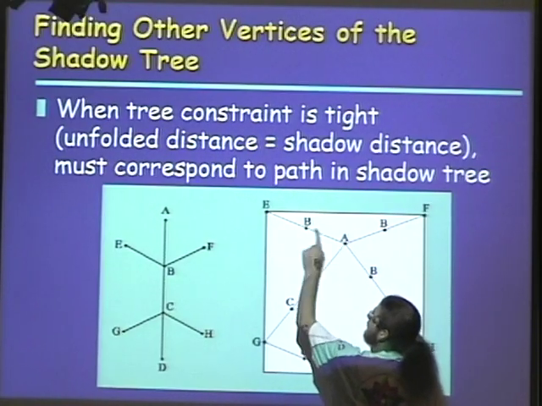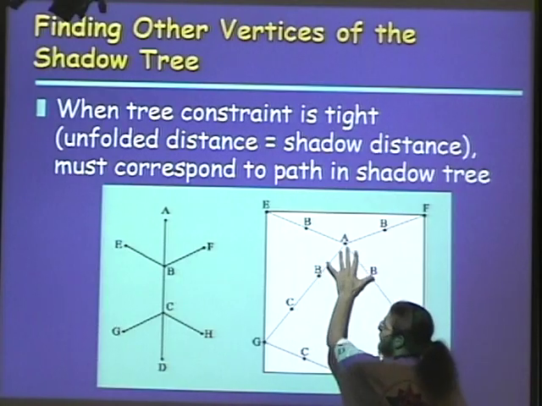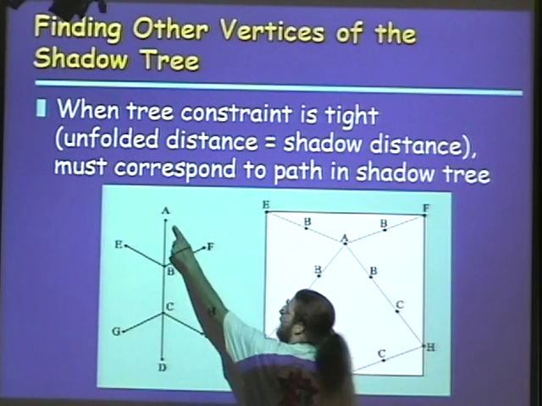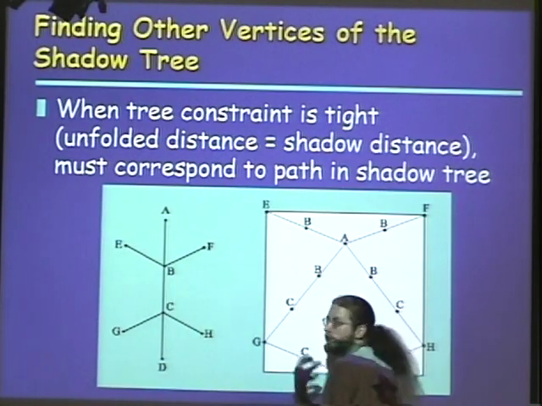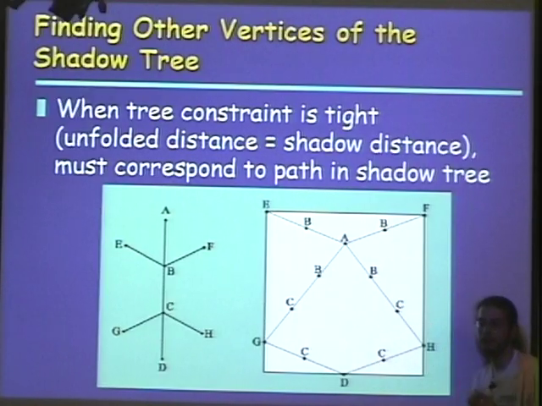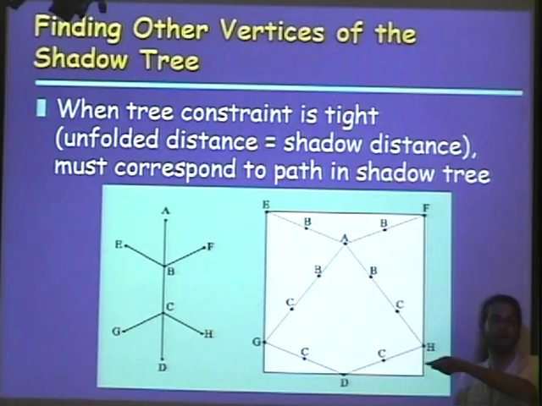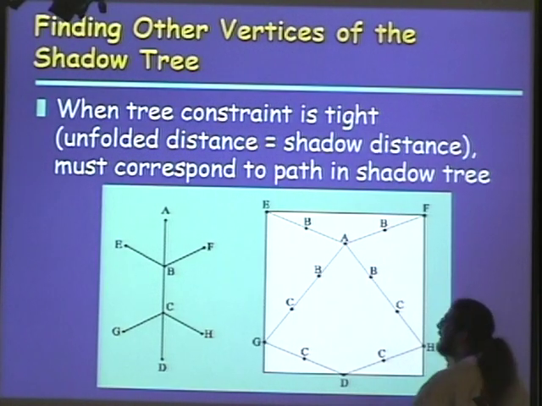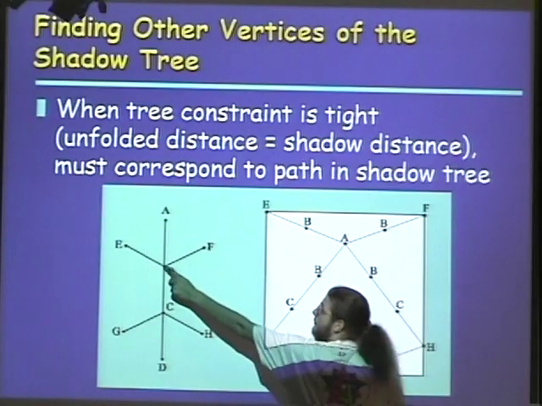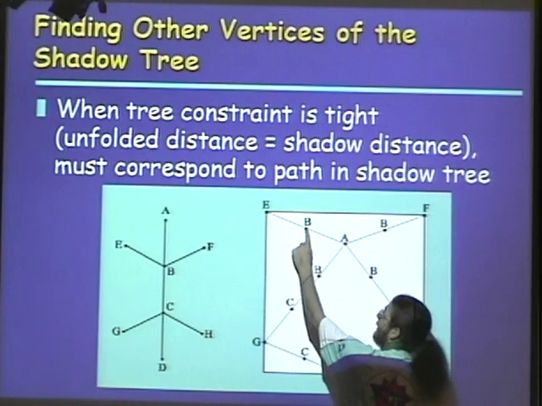This has distance exactly 2 on the piece of paper. And it has distance exactly 2 in the tree. So it's really tight. So that actually implies that this path from A to E, when you fold it up, will end up on the bottom of the folding. It'll be a direct path along the shadow tree. So that implies, in particular, B, this intermediate vertex better be right there.